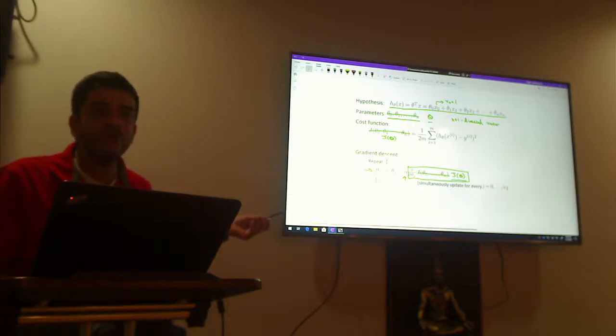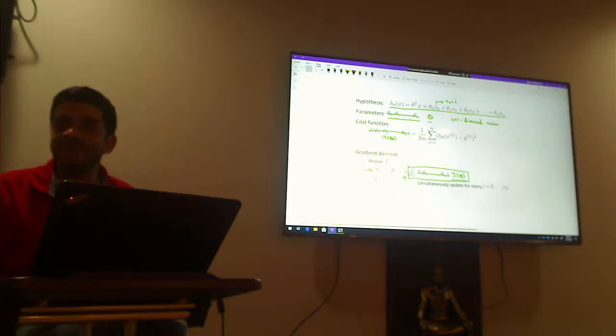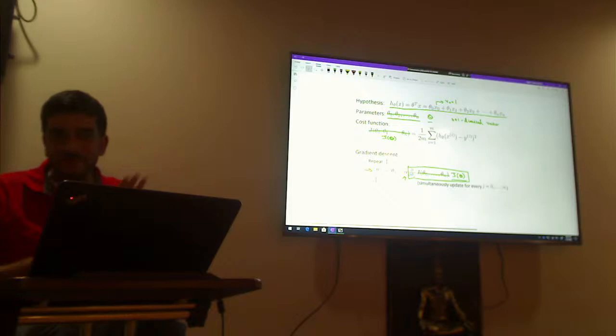Now, what would be the dimension? n plus 1, 100 dimensions. And how do you calculate this? That's what we have to see. It is very difficult to visualize. I don't think anybody can visualize more than 3 dimensions.